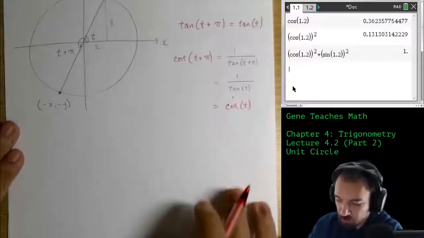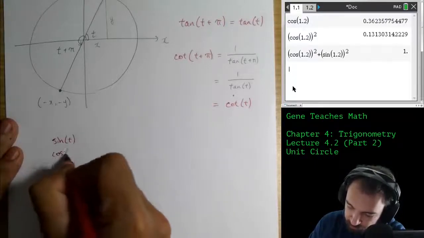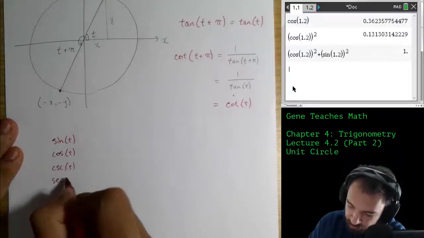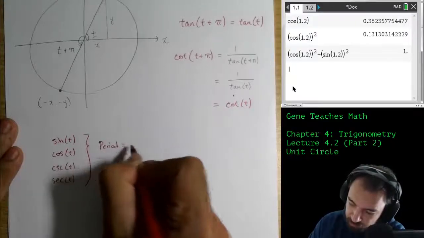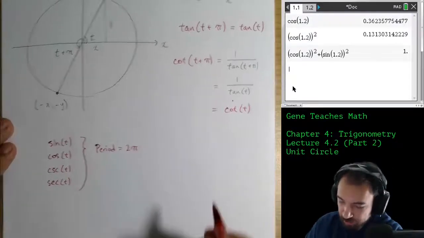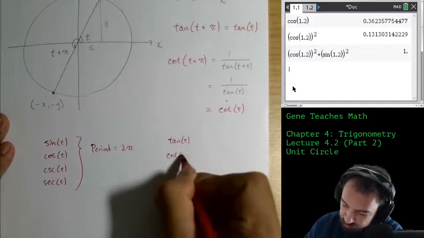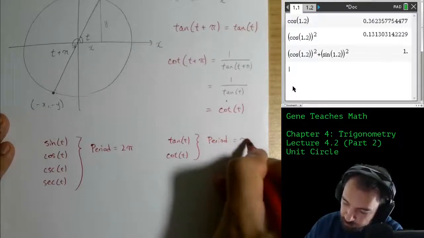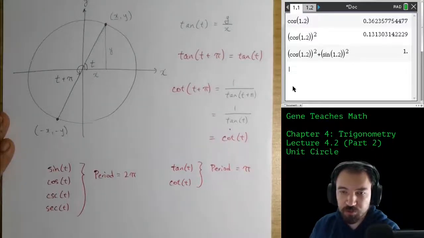So we say, overall, sine, cosine, cosecant, and secant have period 2 pi, and tangent and cotangent have period of pi. And this distinction will become very, very important when we graph these functions.